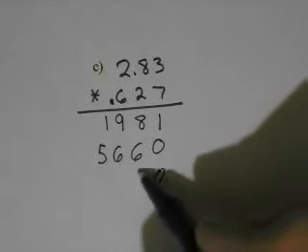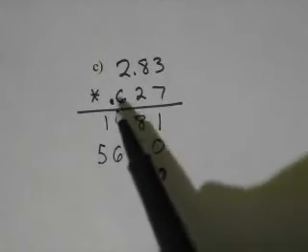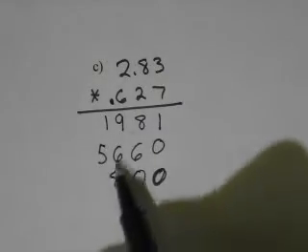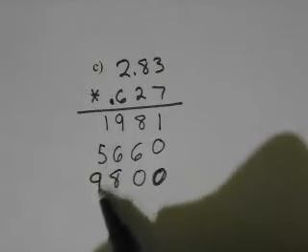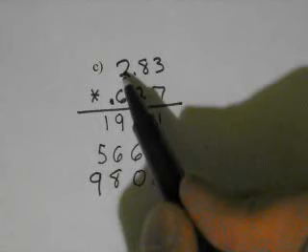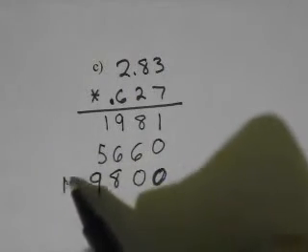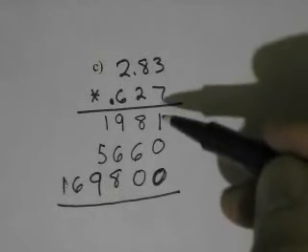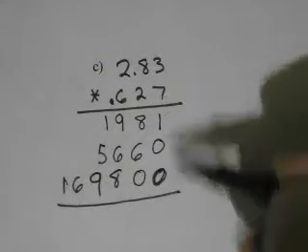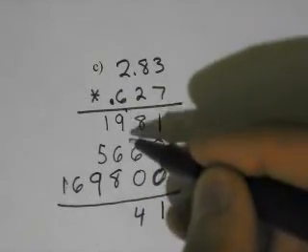Drop down, add 2 zeros this time, multiply times 6. 6 times 3 is 18, carry the 1. 6 times 8 is 48, plus 1 is 49, carry your 4. 6 times 2 is 12, plus 4 is 16. Just like multiply so far, add up. 14, carry the 1.